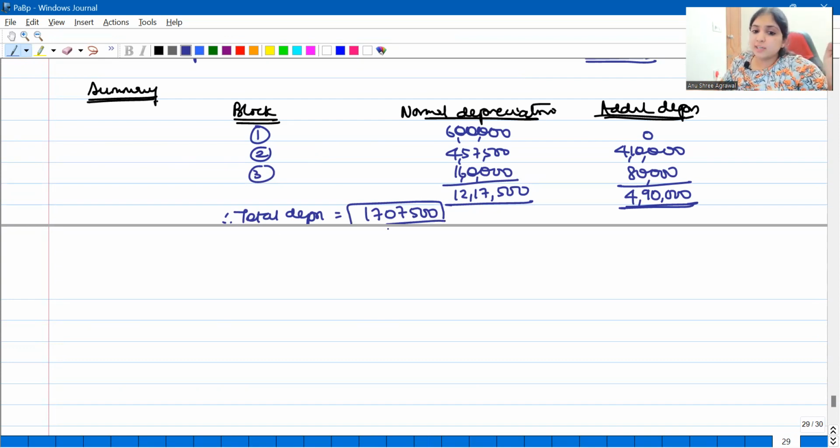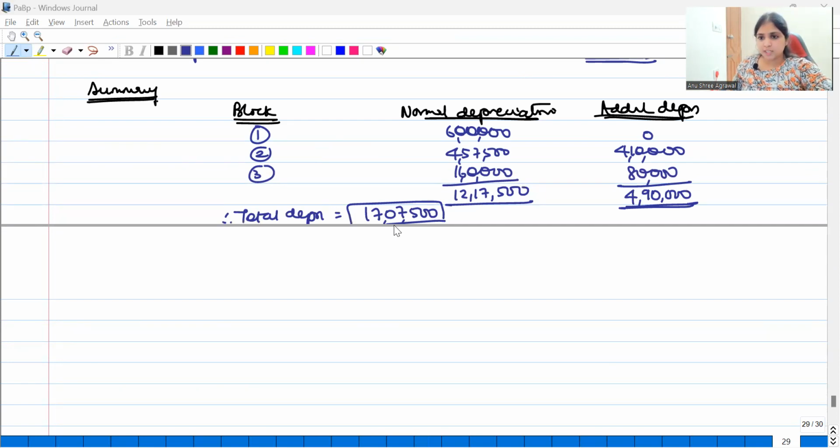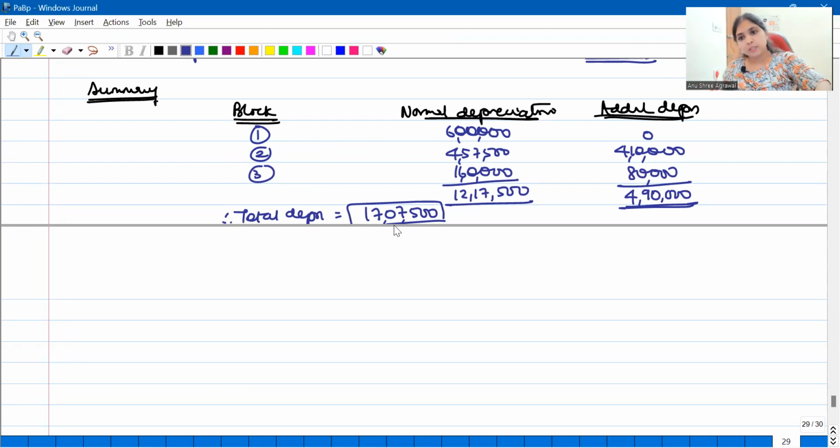Once you calculate depreciation, whether it is normal depreciation or additional depreciation, no difference, it's depreciation. That's it. So total depreciation 17,07,500. Understood? Yes, this one question itself handles it all for you relating to additional depreciation.